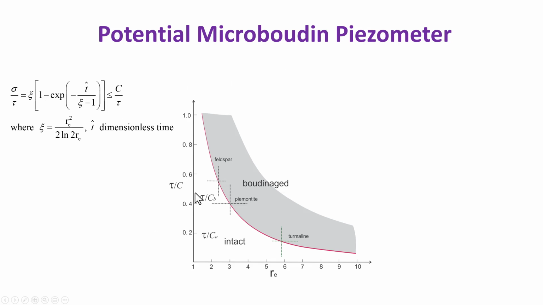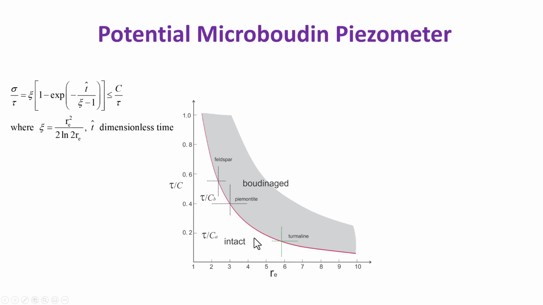This equation can be plotted in a diagram like this. The vertical axis is the shear stress normalized against tensile strength, and the horizontal axis is the effective aspect ratio. This equation, when dimensionless time is sufficiently large, will give a plot at this purple curve.